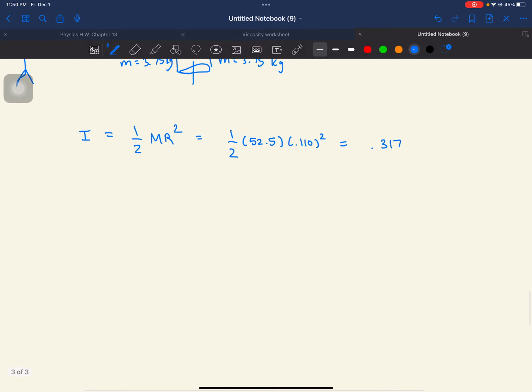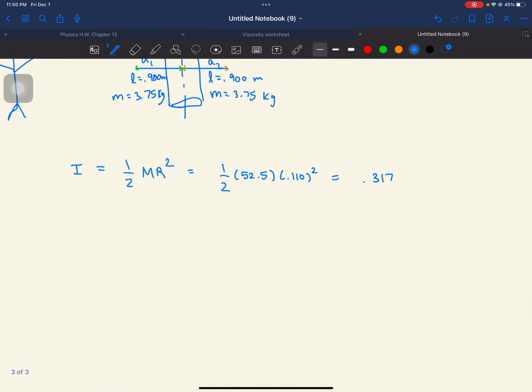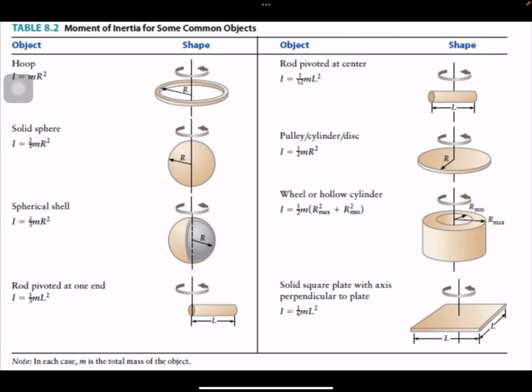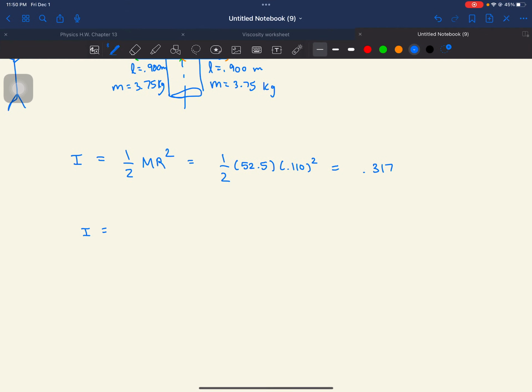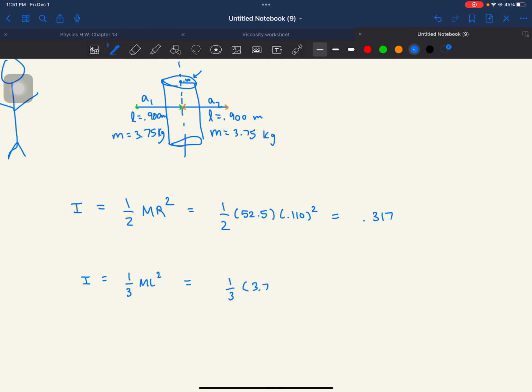As well as the moment of inertia of the arms, which, if we go back to our picture, we would see is a rod pivoted at one end, which is 1/3 m L squared. That is equal to 1/3 the mass, which is 3.75, times the length, 0.9 squared, which is 1.0125.